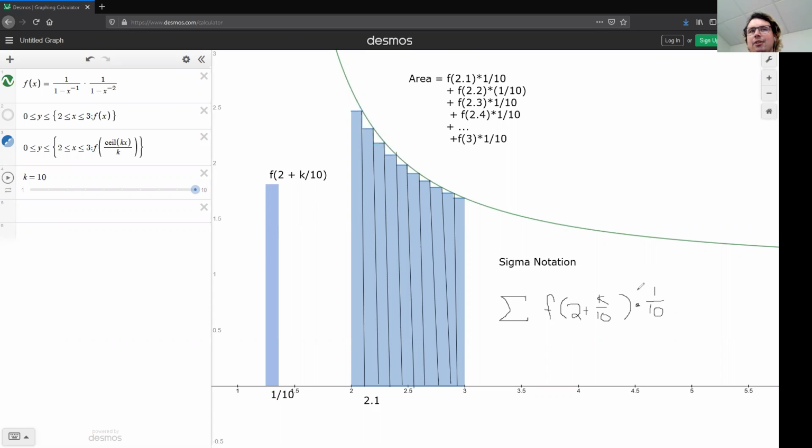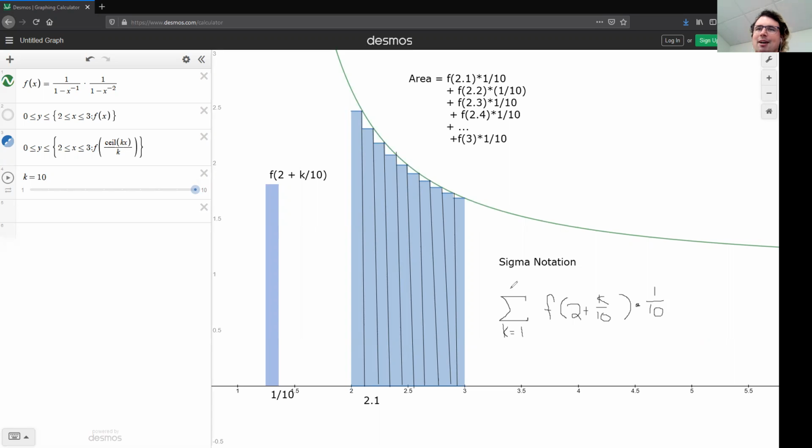Now, I need to tell you where to stop and where to start, right? We can only add up finitely many things together. So underneath the sigma, I'll tell you where to start. Here, the smallest k that I want is k equals 1.